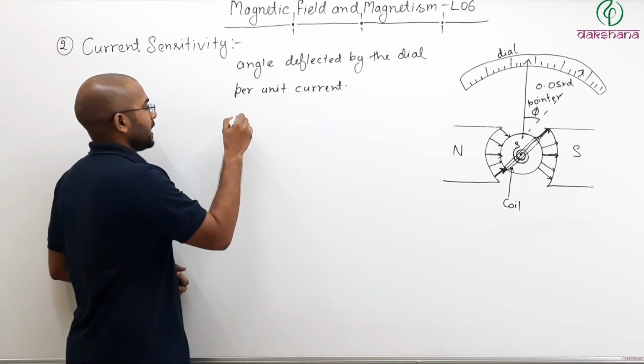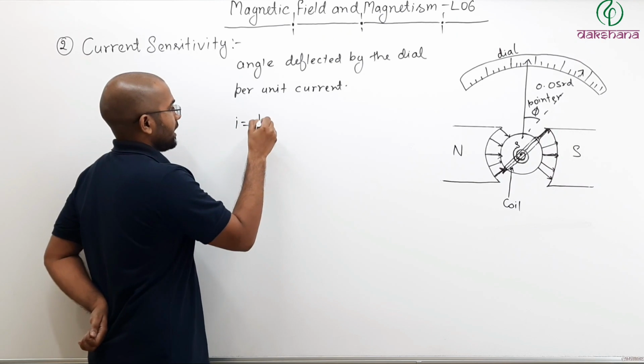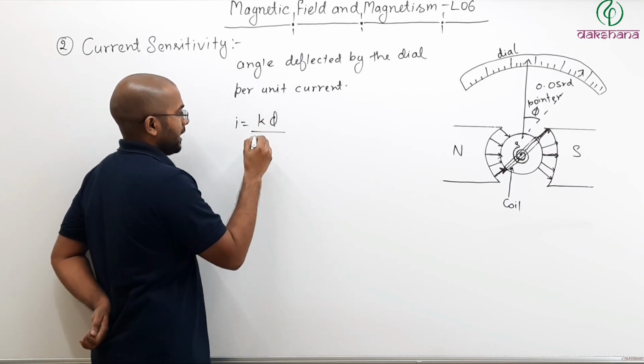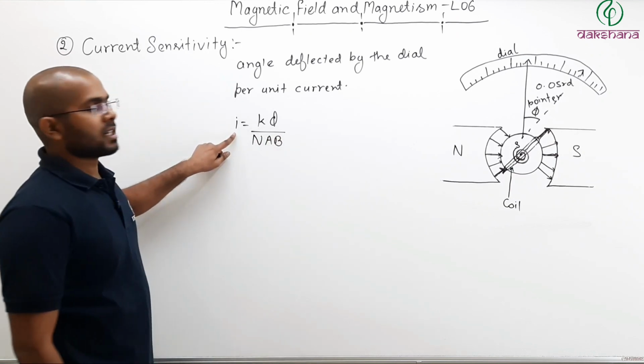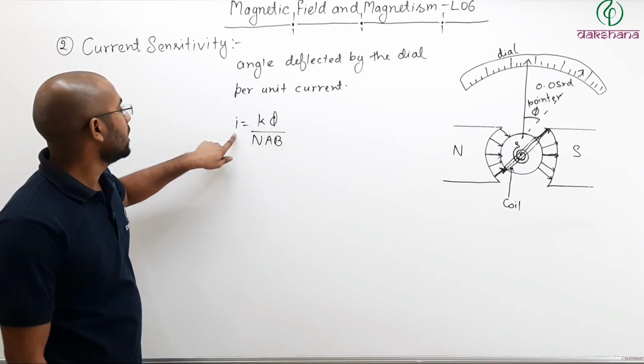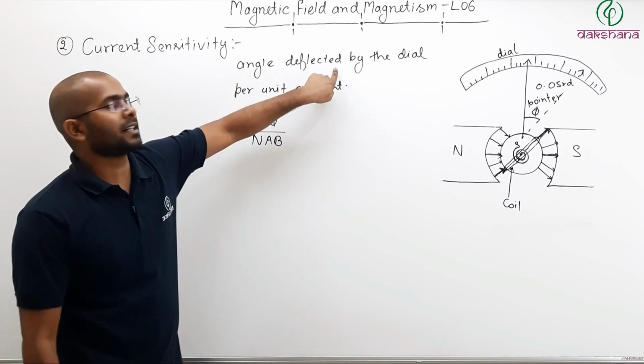So we already know that I is nothing but K times phi divided by NAB, where I is the current passing through the coil and phi is the angle deflected.